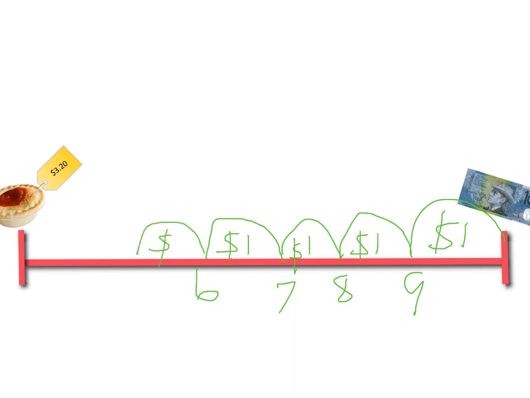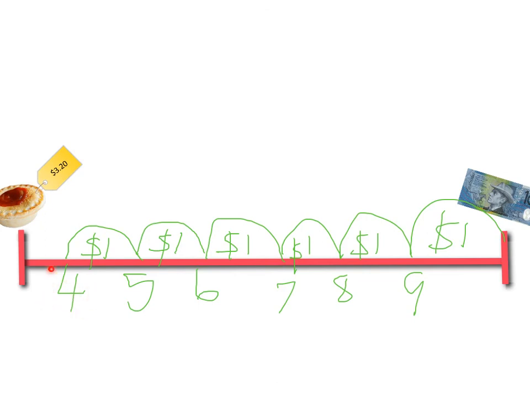Count another $1 back, I'd be at 5. And another $1 back, I'd be at $4. And I'm going to stop there because I know I'm close to this $3.20. So I could add up my dollars now. 1, 2, 3, 4, 5, $6. And now I need to figure out the cents.